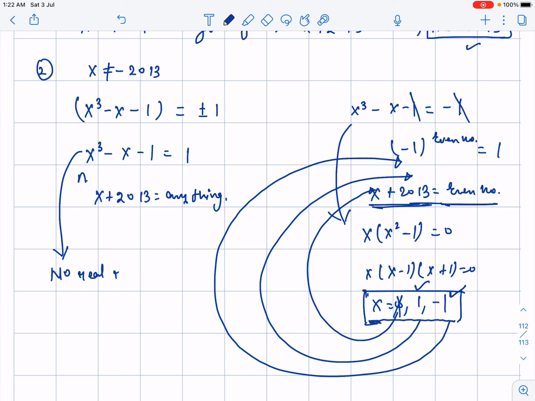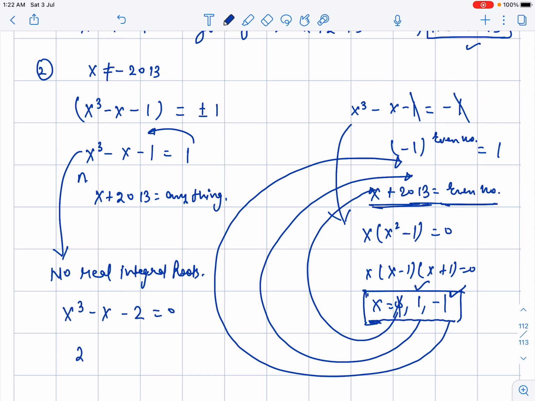Now you might be wondering, how did you come to know this thing, sir? No real integral roots. For that I told you already, to solve such type of equation you would have to bring this one over there. It will become x cube minus x minus 2 is equal to 0.